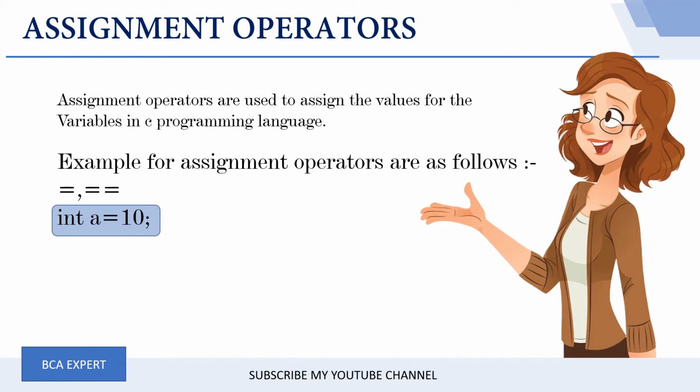For example, we have int a = 10. Here int is the data type and a is the variable name. To save the value 10 in the variable a, you need to use the assignment operator, which is equals to.